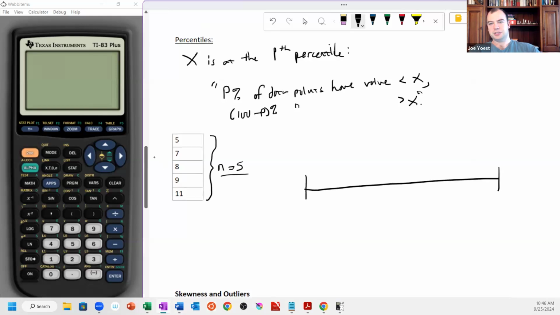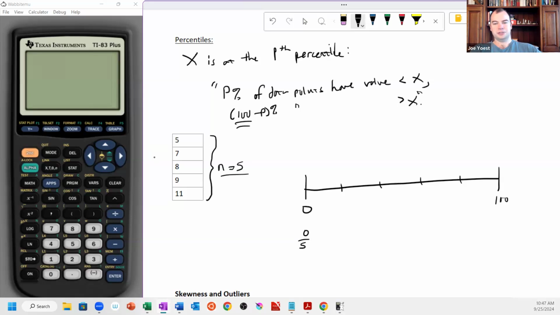And what I want to do is I want to allocate the chunk of the real line from 0% to 100%, or from 0 to 1. I want to allocate equal sized chunks in that interval to each of my data points. So 0 to 1, or 100%. I want to split this into 5 equal sized intervals. So I need 4 tick marks. I need to cut it 4 times in the middle to make 5 bins.